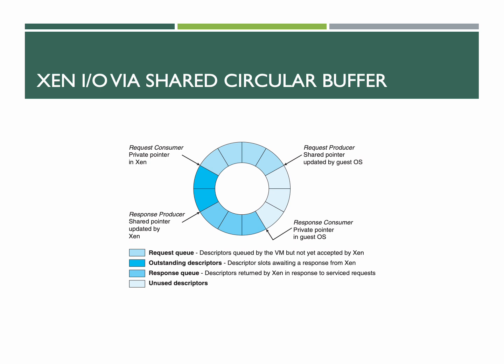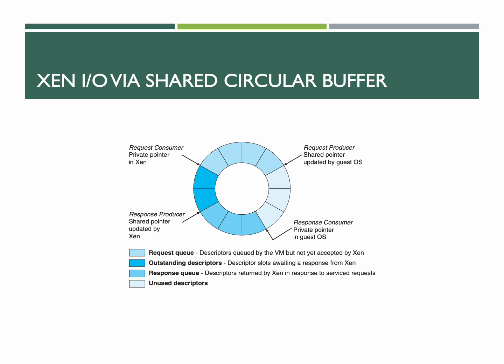Okay, now let's take a look at this diagram, which shows how the Xen hypervisor handles I/O operations using a shared circular buffer, a key component in its architecture for efficient communication between the guest operating system and the hypervisor.